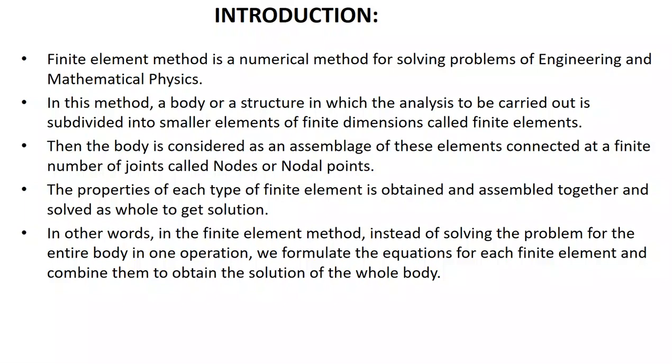Instead of this, we split it into a number of small elements and find the solutions. Then we combine or assemble the equations to find the final output of the object. So this is another way to explain the finite element method.